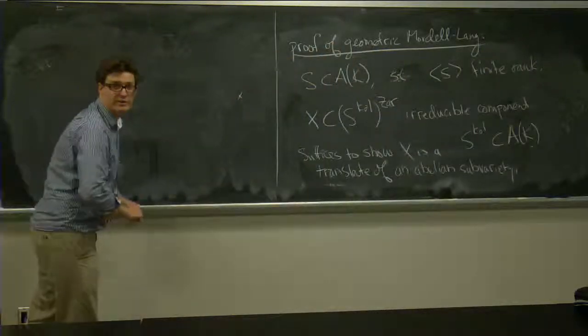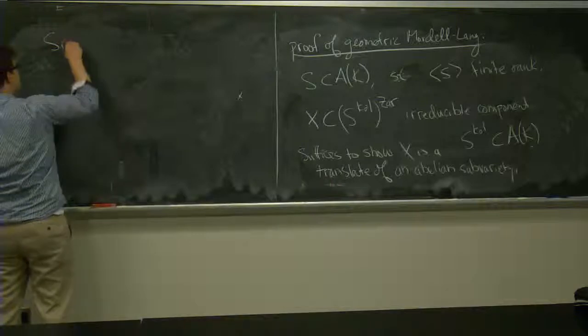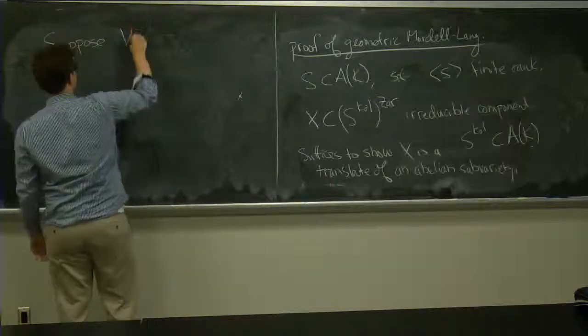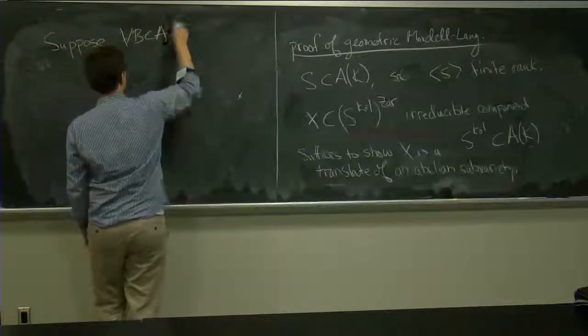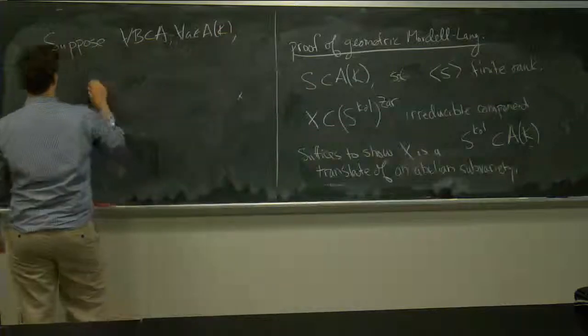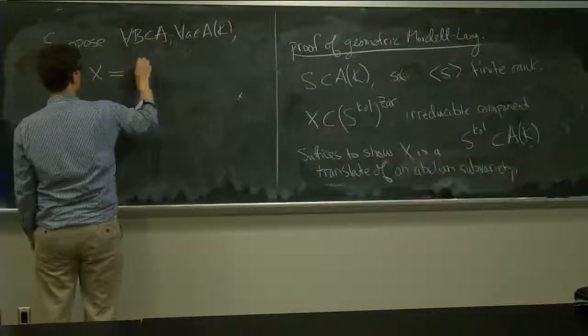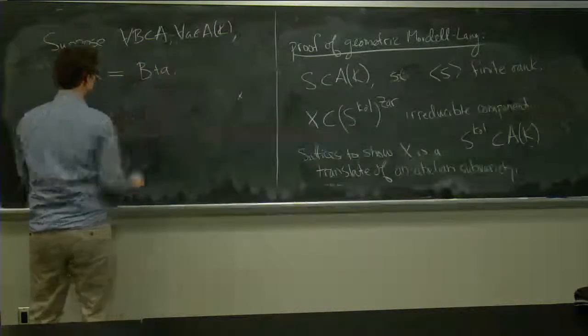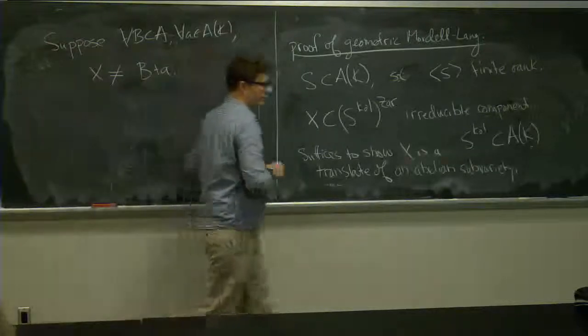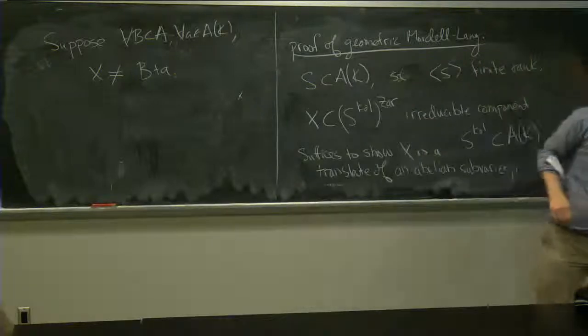So suppose it doesn't take this shape. Then we're going to derive a contradiction.